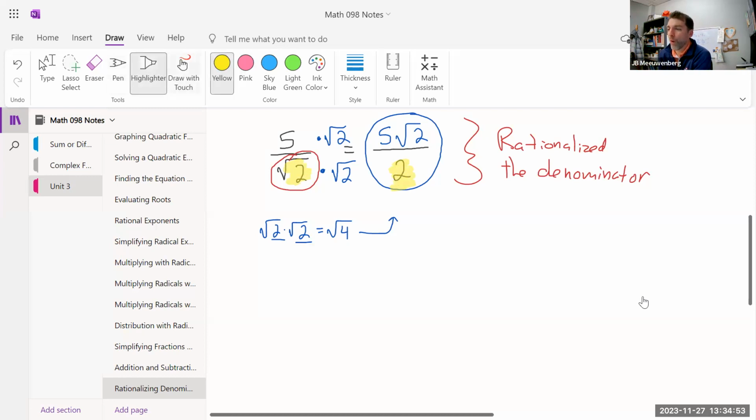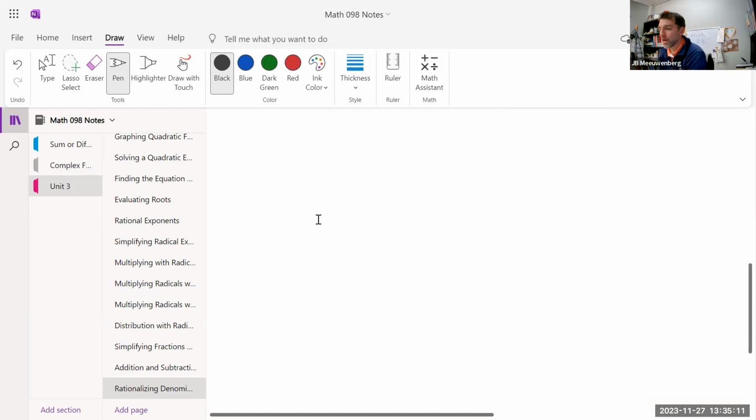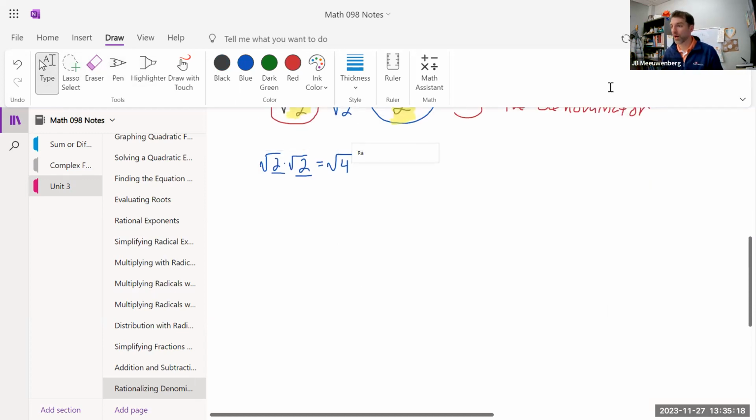So the way that we do that in this video is we're just going to be looking at having a single radical down there, and the way that we do that is we multiply it by itself, and we do it on the top and bottom, and then we simplify if possible. So let's do that. Your instruction is simply to rationalize the denominators.